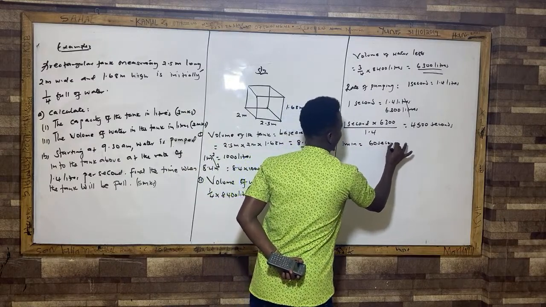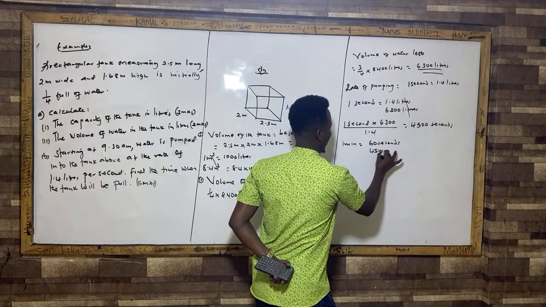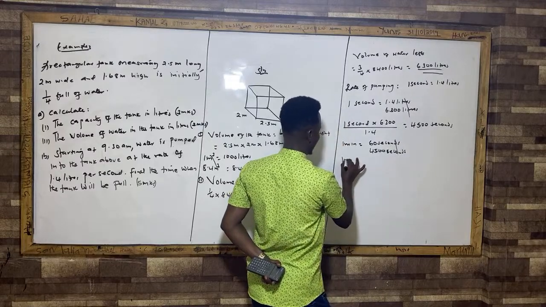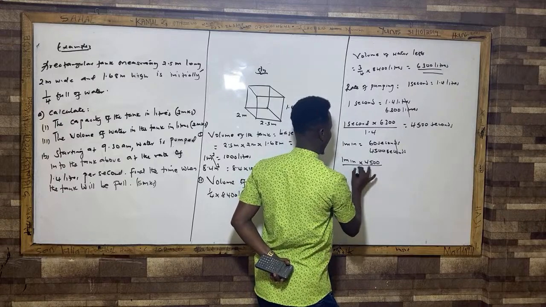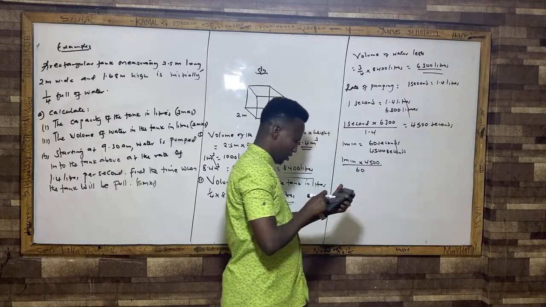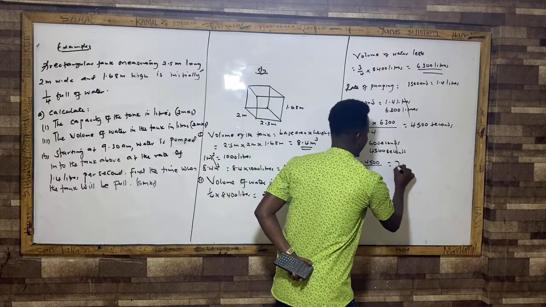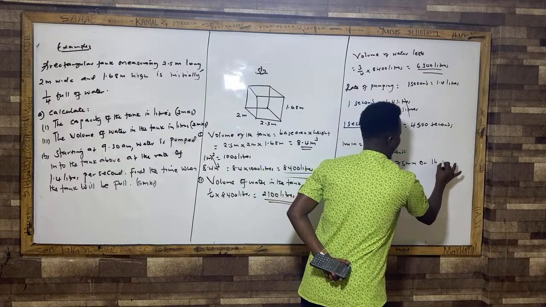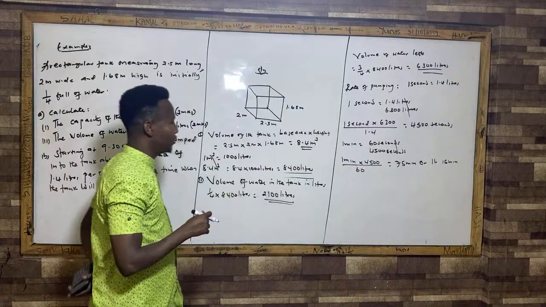What about 4,500 seconds? It's 1 minute times 4,500 divided by 60, which gives me 75 minutes, or 1 hour and 15 minutes.